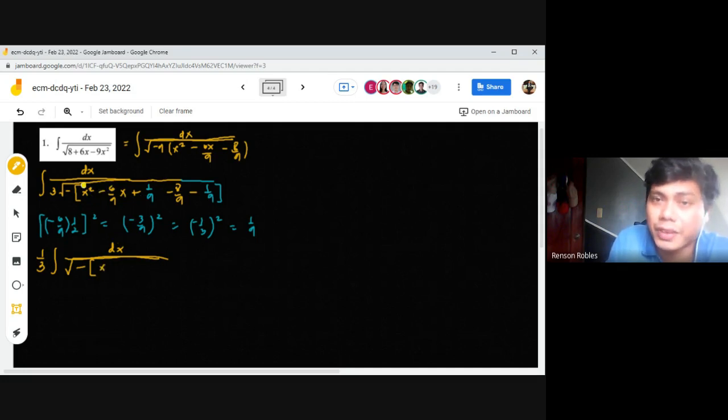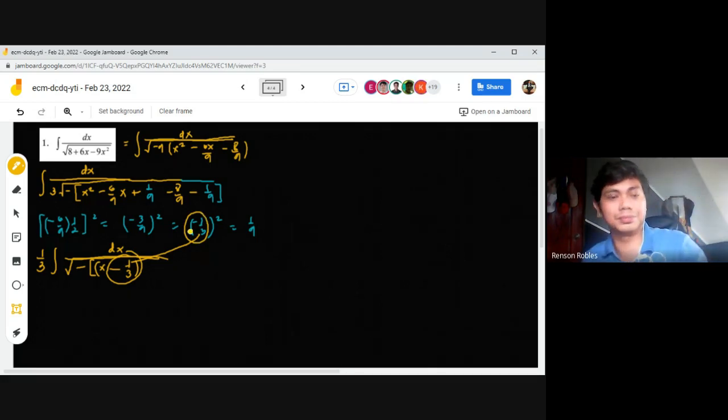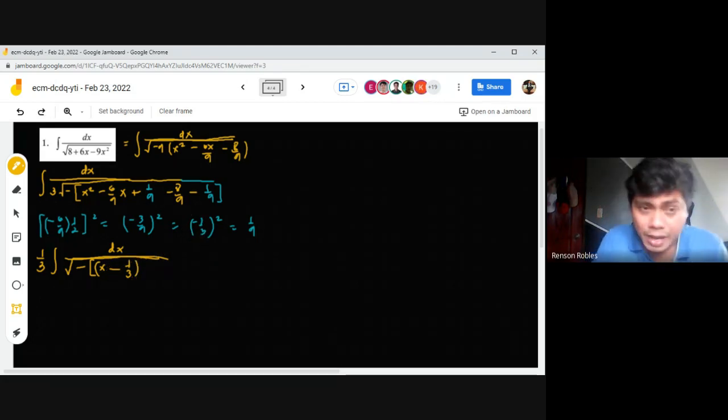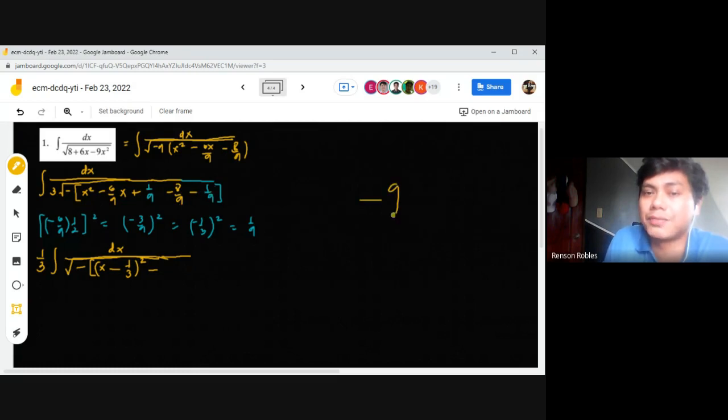Take the square root of x squared, that is x. Copy the middle sign, minus. Take the square root of 1 over 9, that's 1/3. Then square. And then you will simply add these two: negative 8 over 9 minus 1 over 9 is negative 9 over 9, that would be 1.